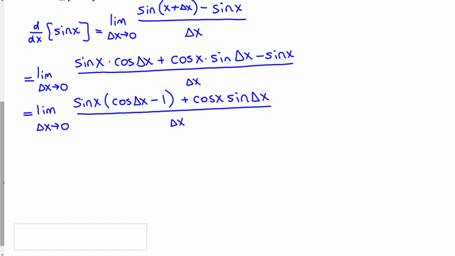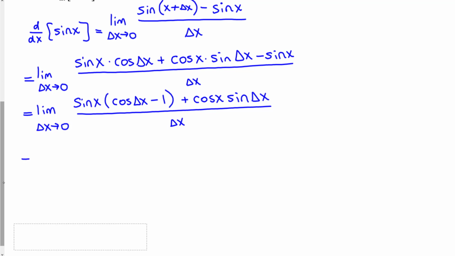Okay, now the next thing that I can do is split this up a bit. Whenever you have the limit of two things added together, you can split it up into two separate limits. But also, if you have parts of your function that are multiplied and aren't actually changing with respect to the variable delta x, for instance, I have a sine x and a cosine x in these terms, I can factor those out because they're effectively constants with respect to the variable delta x.